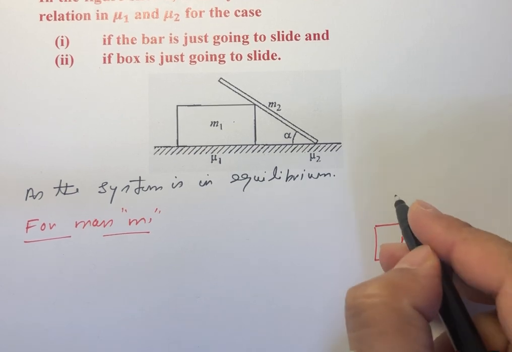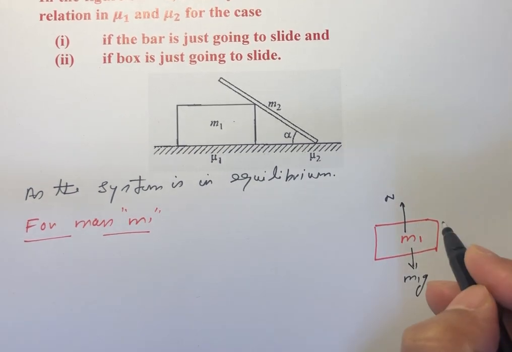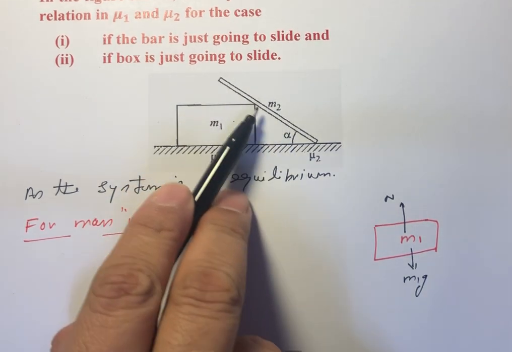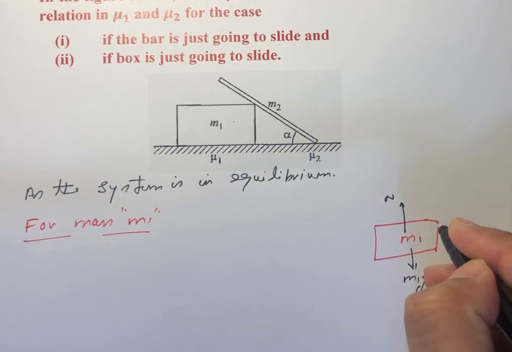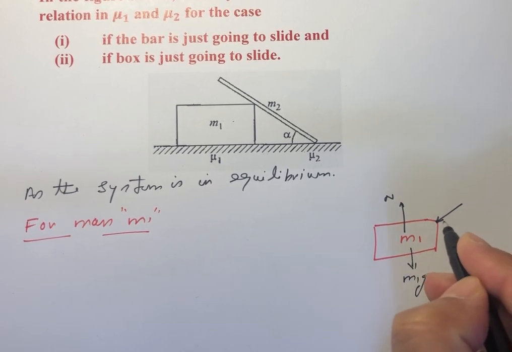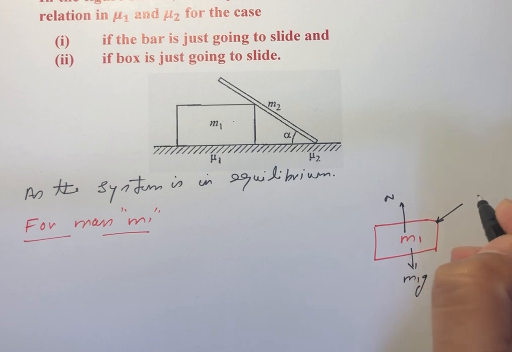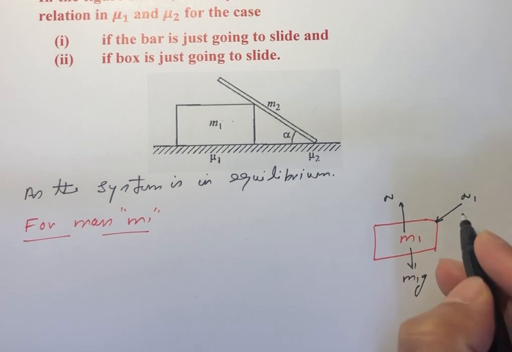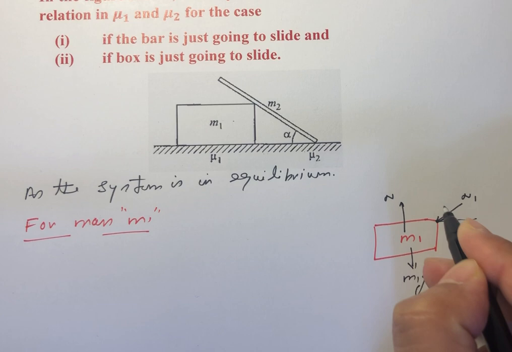Let us suppose that is given as n, and there will be normal because of this rod, and it is acting in this direction, and angle of this is given as alpha. So let us say this normal is n1, so we can divide this normal into two parts.